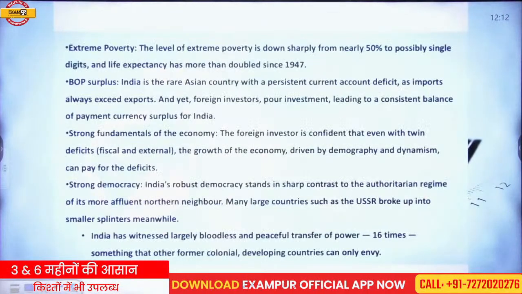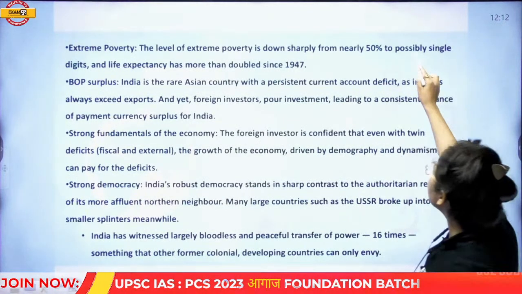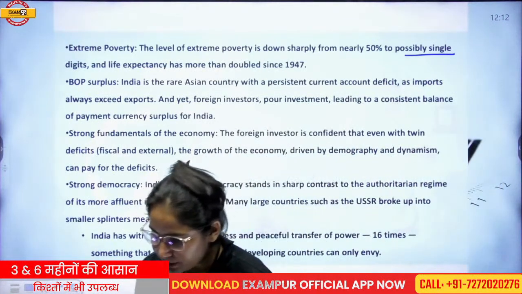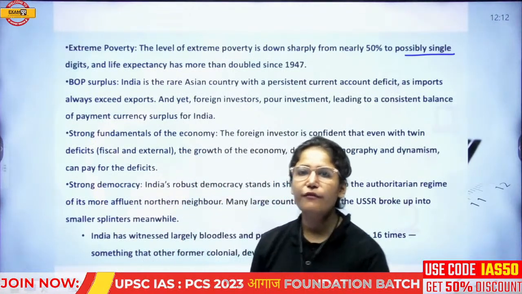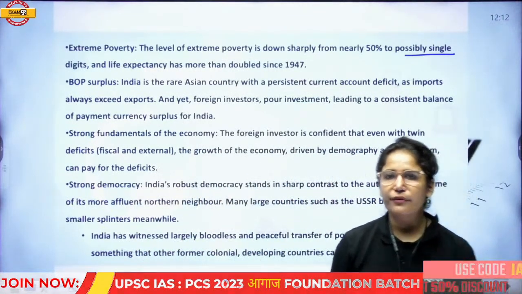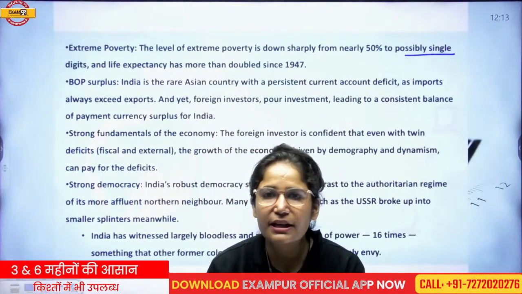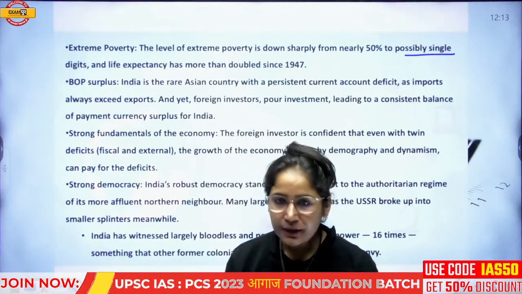And extreme poverty is down sharply from 50 to possibly single digit number. Getting my point? Poverty has gone down means somewhere we are on the verge of making equality, or we are on the verge of completing the target of sustainable development goal by 2030.